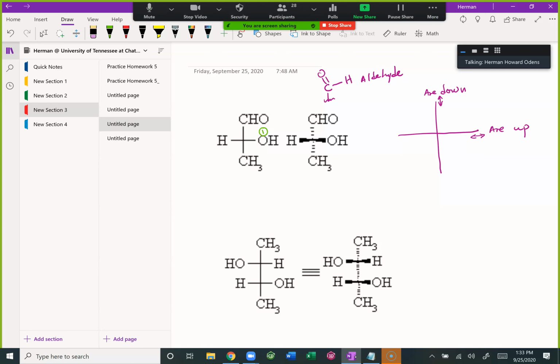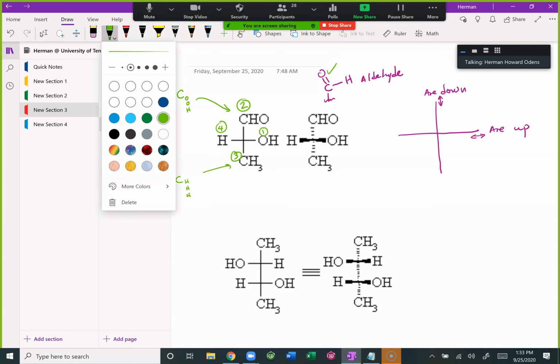CHO or CH3? The CHO, very good. The CHO carbon has 2 oxygens and a hydrogen connection. You see that? The 2 oxygens here because of the double bond, and then the H. And this carbon has 3 hydrogen connections. So this is going to receive the 3rd spot, and the 4th will be the hydrogen.